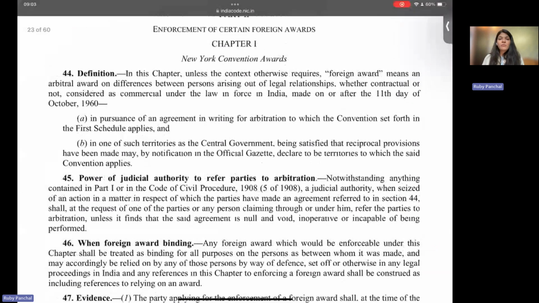When you look at Part 2 of the A&C Act, as you can see on the screen, you will find that nowhere in the provisions do we find the phrase international commercial arbitration. The phrase that we find in this Chapter 1, which gives effect to the New York Convention, is essentially arbitration.